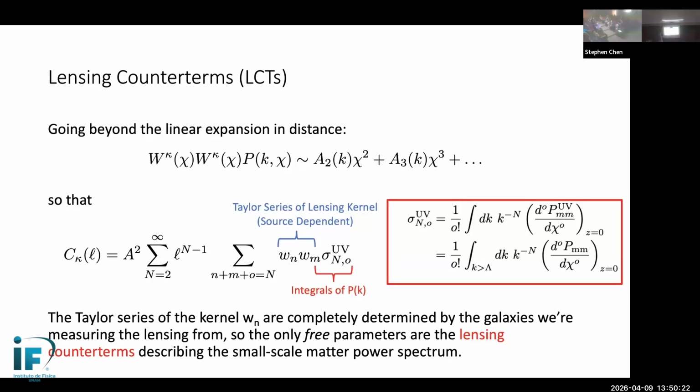The point of this equation is that the coefficients are completely fixed given the matter power spectrum. Every single weak lensing observable, whether it be CMB lensing or weak galaxy lensing, for any sample, shares the same lensing counterterms and captures the UV sensitivity to matter clustering at small scales.